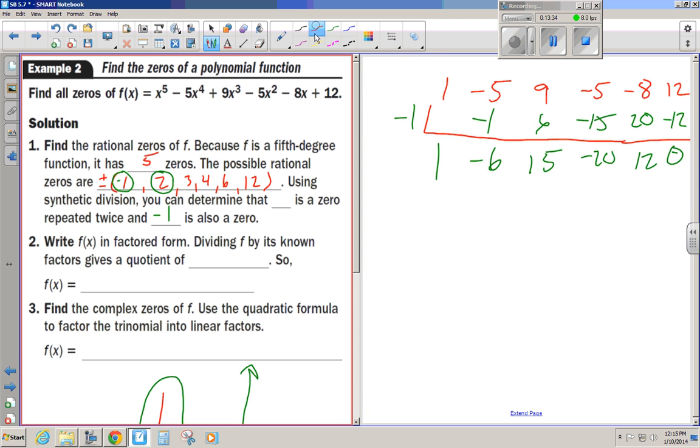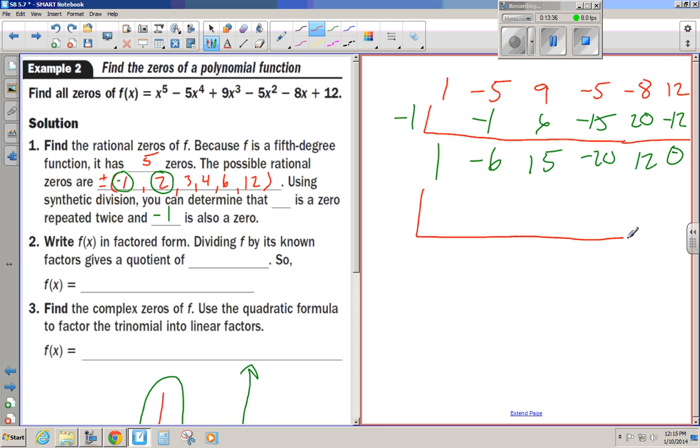And now we're going to continue with these coefficients right here, and we're going to try 2. Multiply, add, multiply, add, multiply, add, multiply, you get a 0.